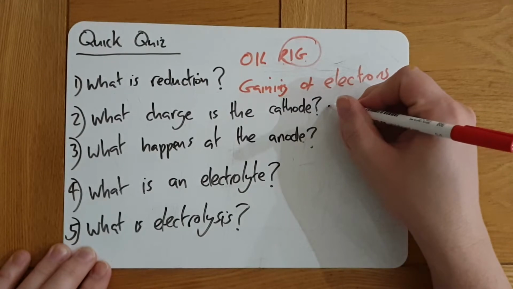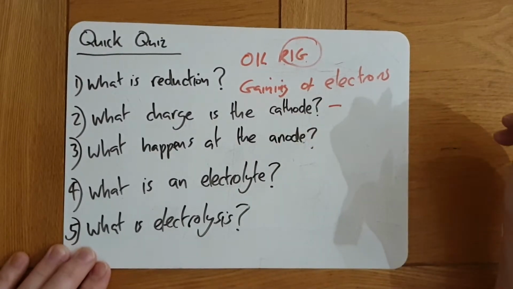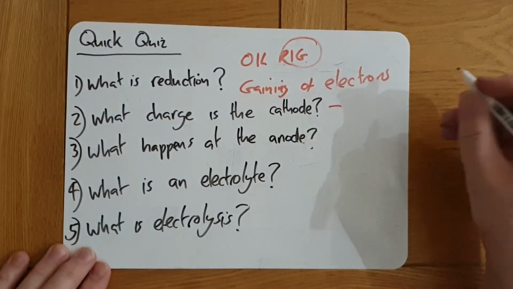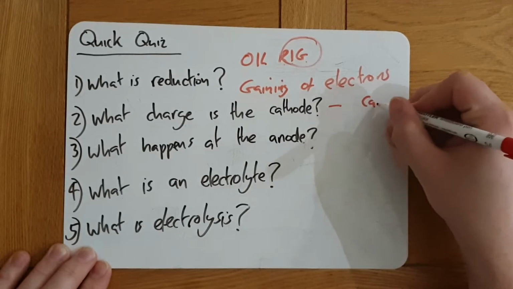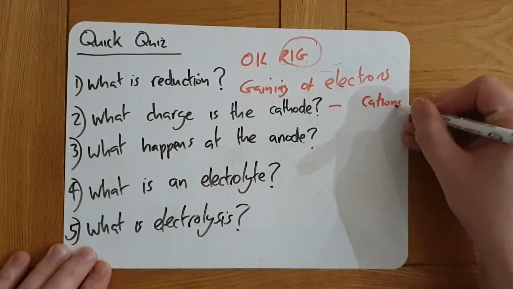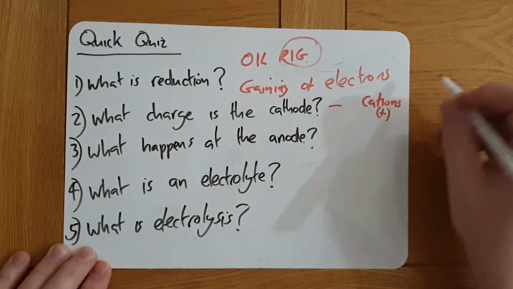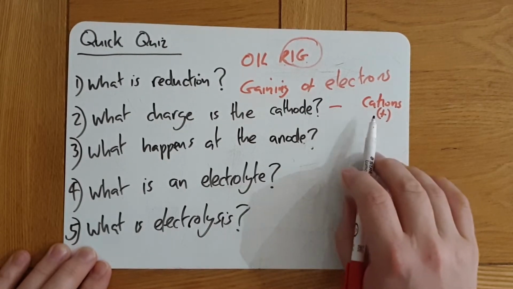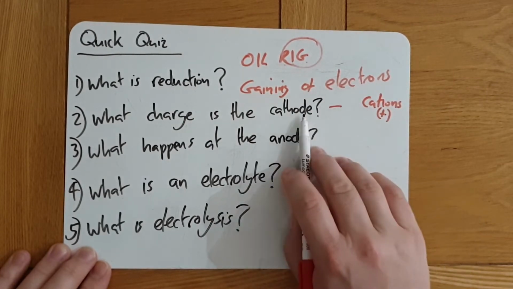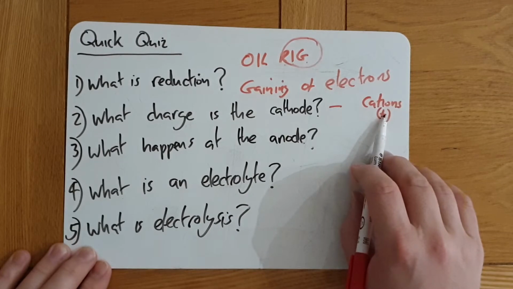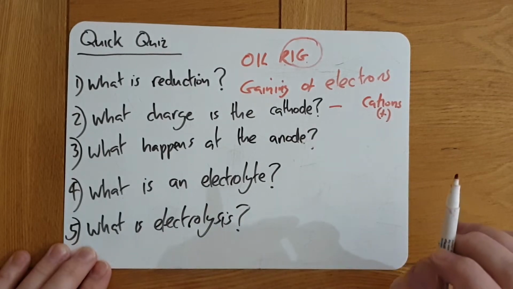What charge is the cathode? So the cathode is negatively charged. If you remember, cations are positive, which means that opposites attract. So cations are attracted to the cathode. So if cations are positive, the cathode must be negative.